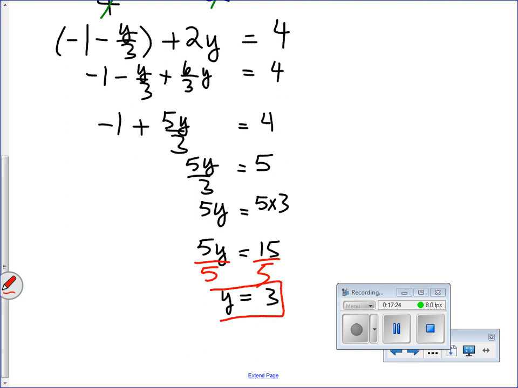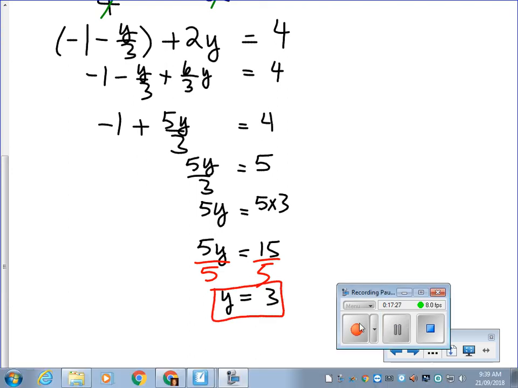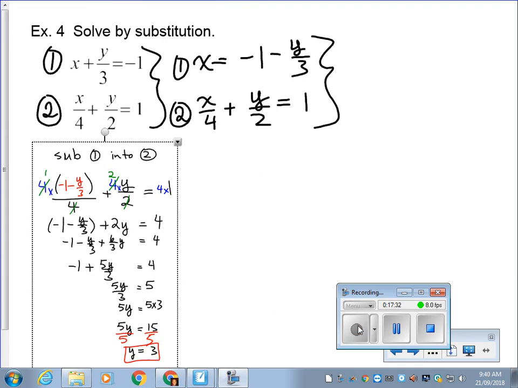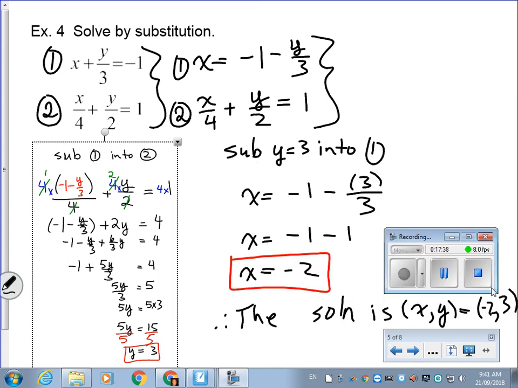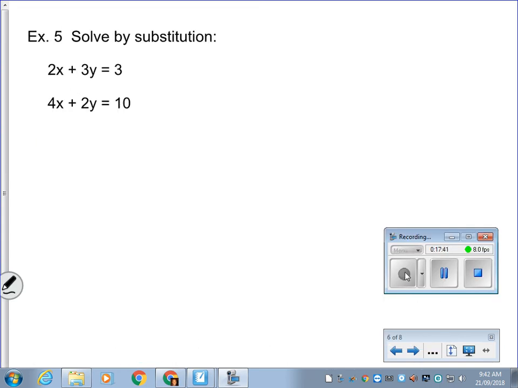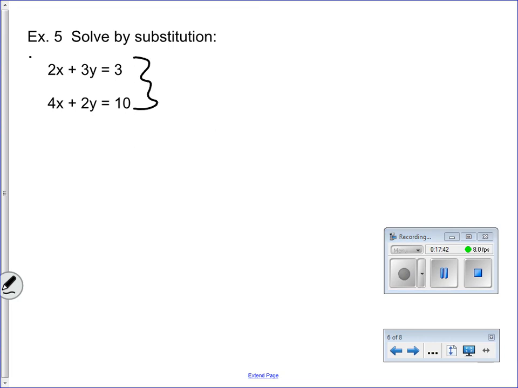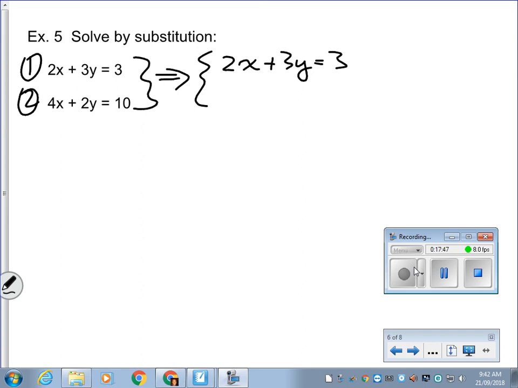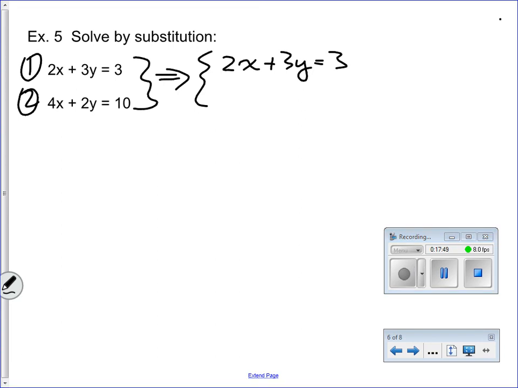So now we'll go back and do the back substitution. I'm going to make sure that all of this is on one screen. So after all our work is done, we just have to do our back substitution. So sub y equals 3 into 2. So we use the bottom one to solve, we'll call this equation 1 and equation 2. Or what you do is do a little aside here and show me how you solve for equation 2.